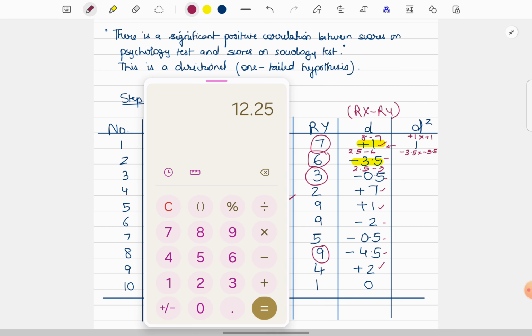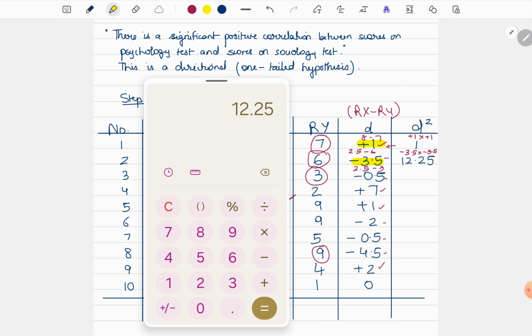So while squaring, we can treat it as a positive number. Squares, you need not write signs ahead of them. In the difference column, why have we written signs like positive and negative? Because those numbers carry signs. But squares are always positive, so we don't need to put plus and minus signs. So here we can straight off write 12.25.